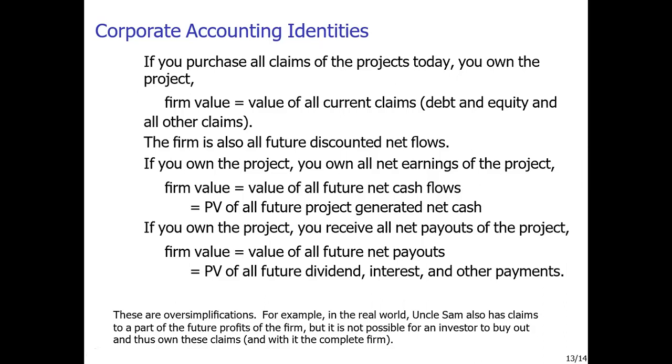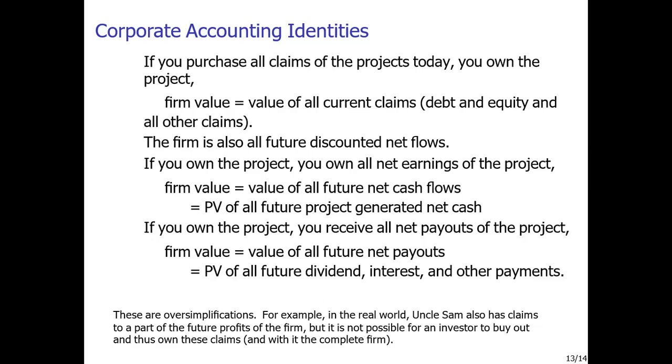The firm is also all future discounted net flows, which equals the present value of all future project generated net cash. If you own the project, you receive all the net payouts of the project. Firm value equals the value of all future net payouts.